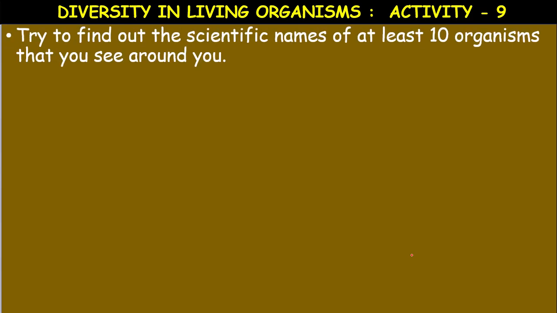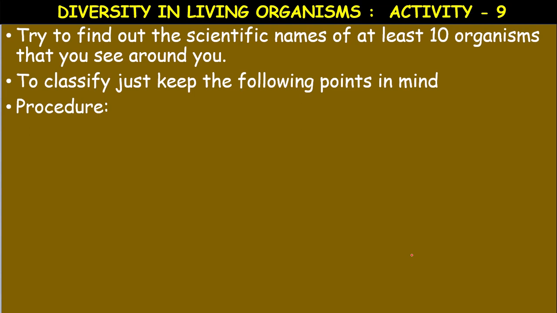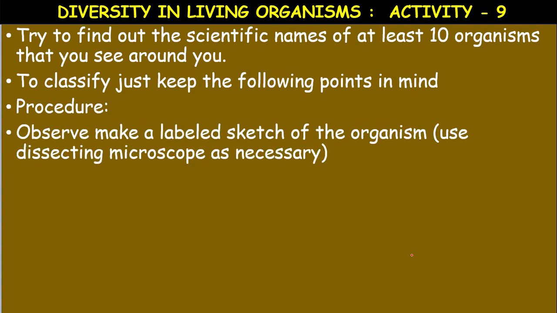So here is one more activity. Try to find out the scientific name of at least 10 organisms that you see around you. To classify, just keep the following points in mind. What is the procedure here? The first one, observe, and make a labeled sketch of the organism. Use a dissecting microscope as necessary.